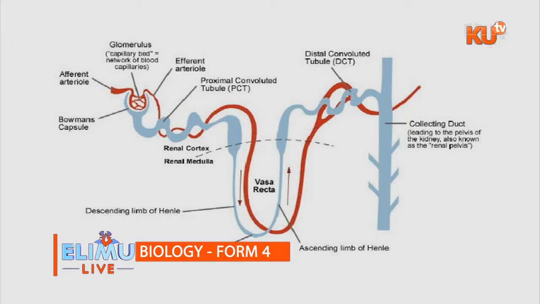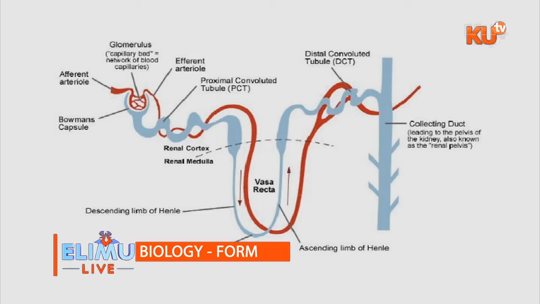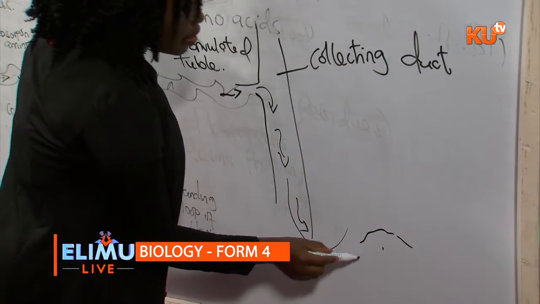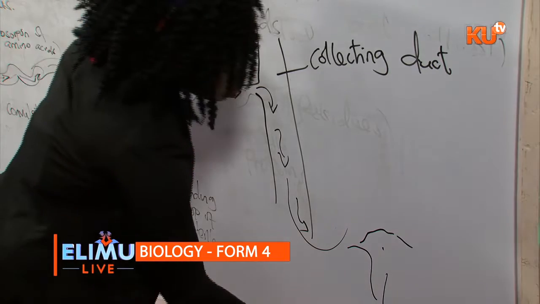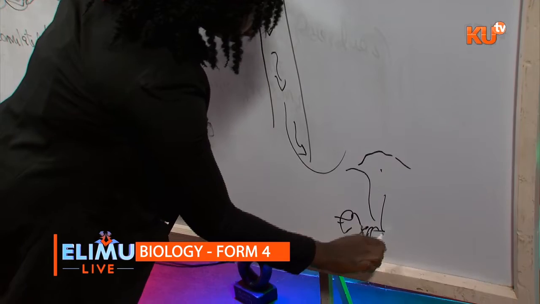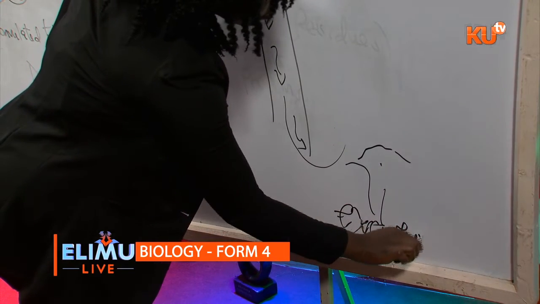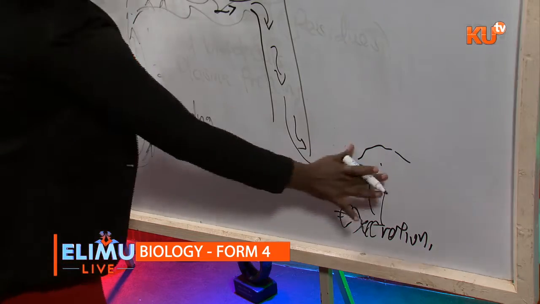The bladder is somewhere around here. So the urea that is already diluted comes into the bladder, and then it is removed out, and that process is called excretion. So this is how it occurs.